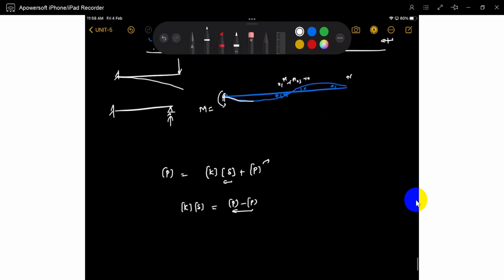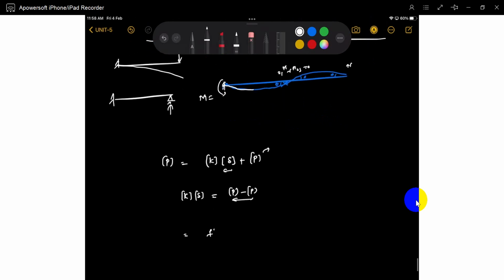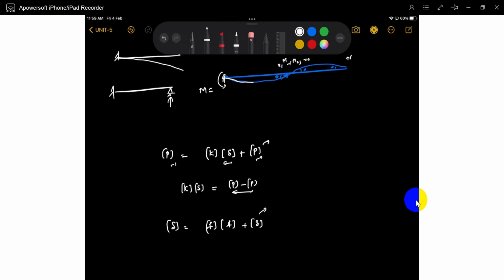If it is a flexibility matrix, these are the forces, these are the deformations. You want to find out the first deformations, then the later deformations. By this you can find out these forces.